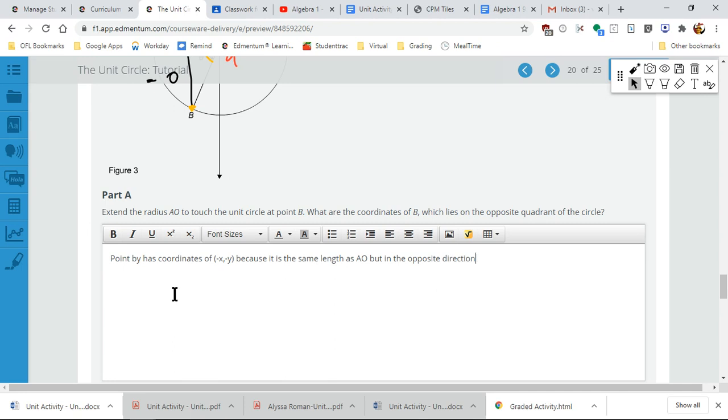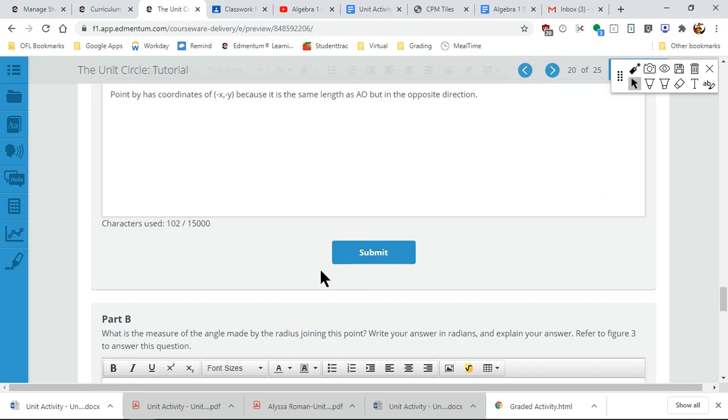It's the exact opposite. So that's why it's negative x and negative y.